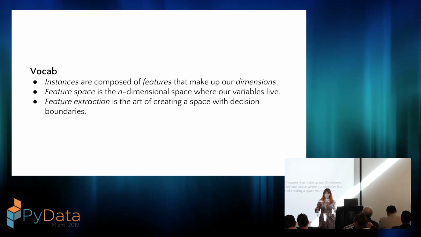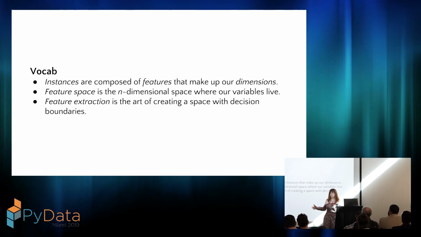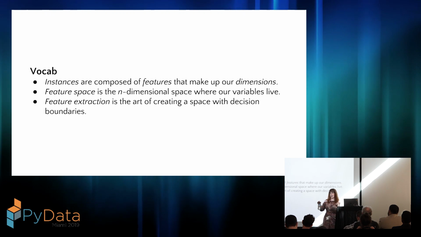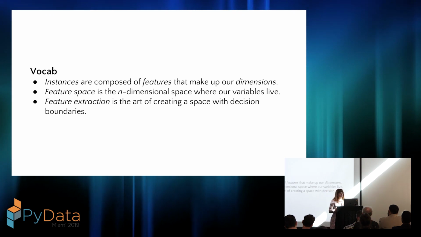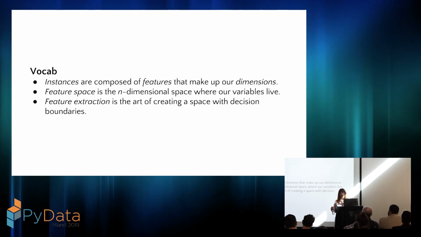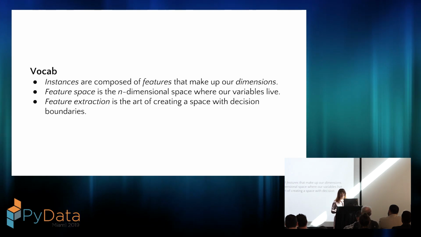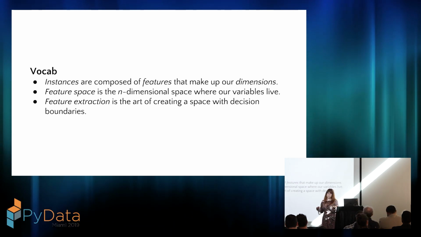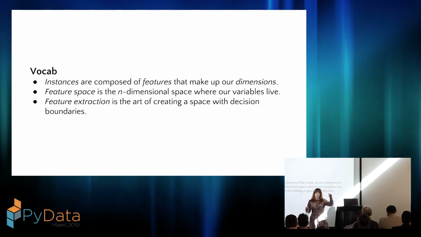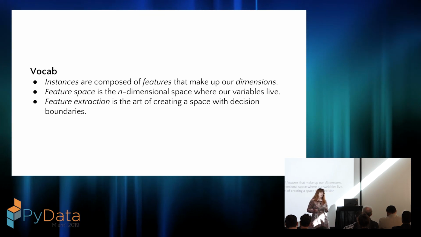In terms of vocabulary, this is the language that I'm going to use. I know there's variation across different machine learning communities. But the way that I talk about these things is, instead of samples, I'll say instances. Those are our points. And those instances are composed of features. If we're thinking about a data frame or a table, the instances are probably the rows, and the features are the columns.